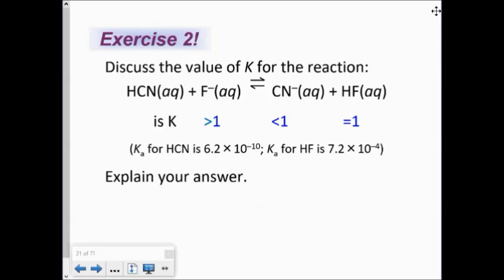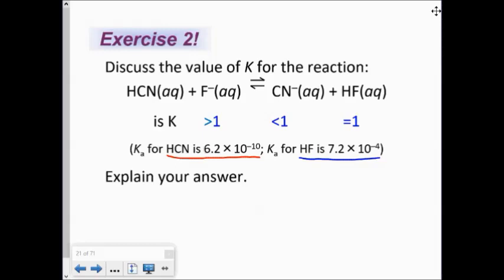We have a Ka for our hydrocyanic acid right here, 10 to the minus 10. We have a Ka for our hydrofluoric acid, and it's 10 to the minus 4. Looking at that, we have an acid right here.